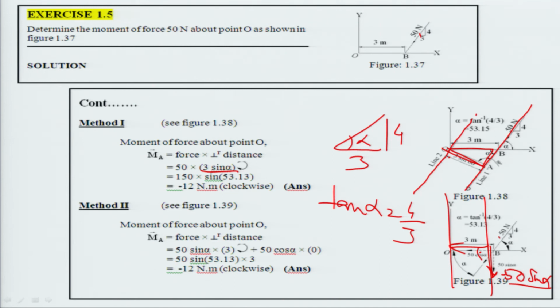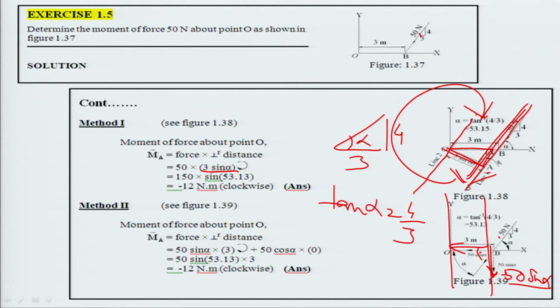One more thing: the moment can be positive or negative depending upon the rotation. When this force is acting in this direction, the line of action of the force is this. So, about O, this force will try to rotate in this direction.